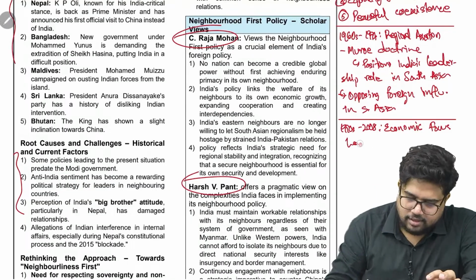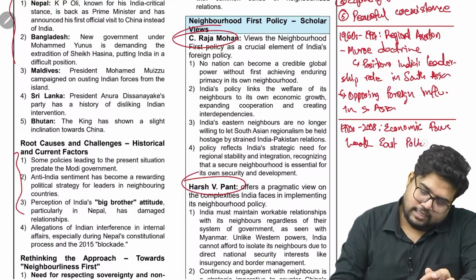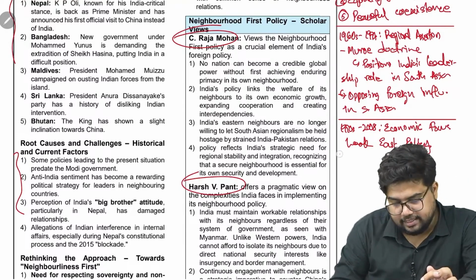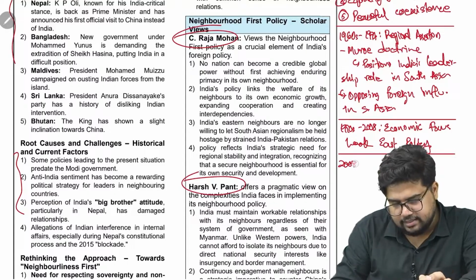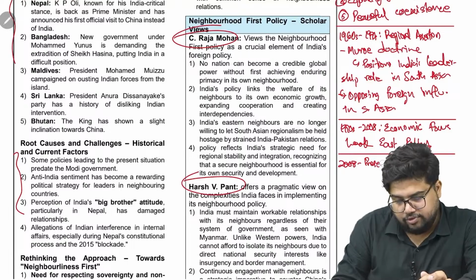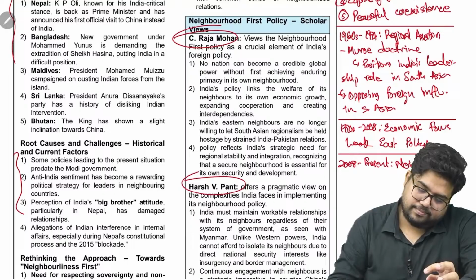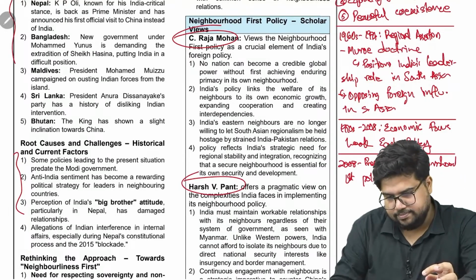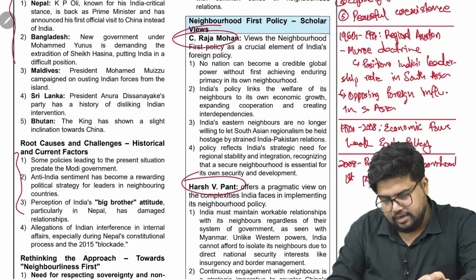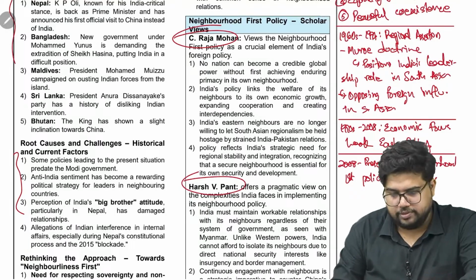It is when we designed the Look East policy. Why till 2008? This has continued till date also, but from 2008 to present, our foreign policy took another name, that is the Neighborhood First policy. And developmental assistance is also a part of the policy.